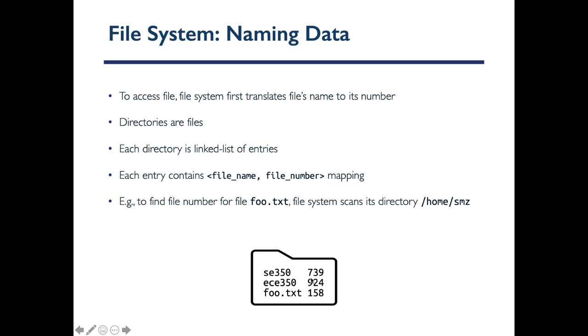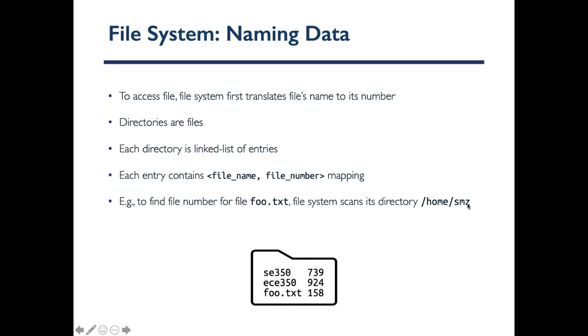So here is an example. Let's say we're in the SMZ directory, and then we want to find the foo.txt file. We can just read this SMZ directory. By itself, it's a file, so I can open it and look into its data.